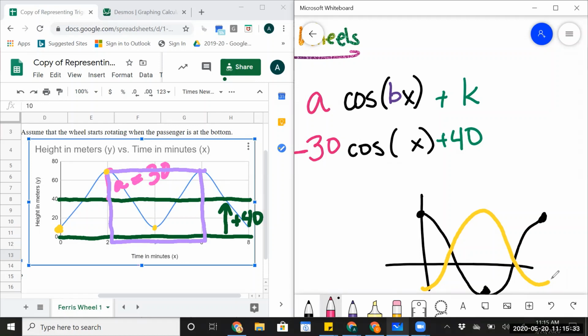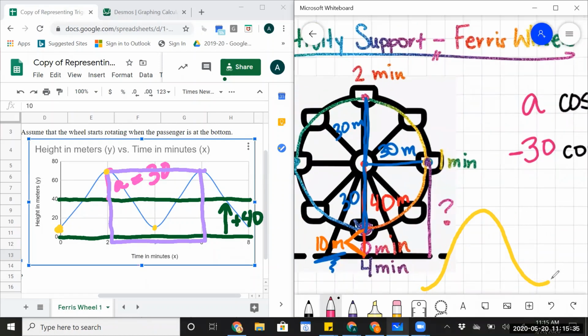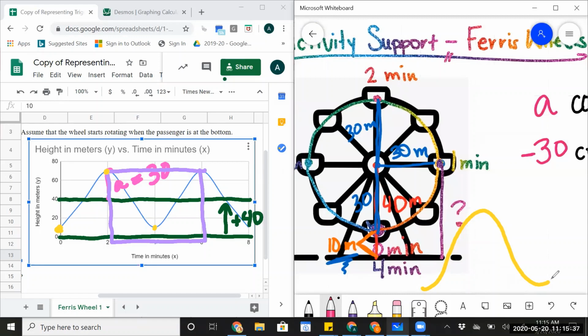Well, if we're looking back at our Ferris wheel, maybe you can just think of it as if here's my center line, then I'm starting at negative 30. Okay, so that might help us grasp the minus 30 a little bit. It also might be helpful for those of us who are really good at transformations to just remember that if I'm flipping my cosine over, that is a negative A, negative amplitude.